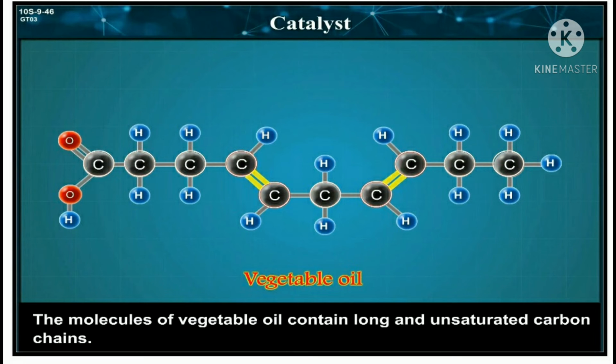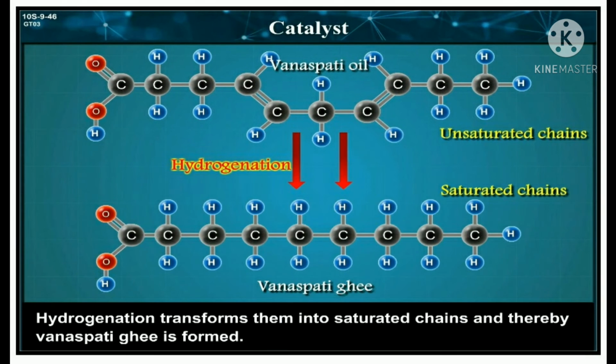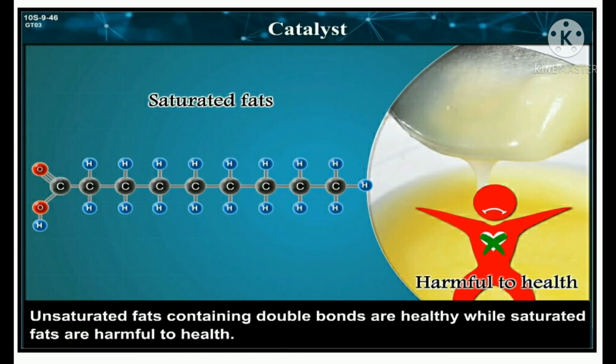The molecules of vegetable oil contain long and unsaturated carbon chains. Hydrogenation transforms them into saturated chains and thereby vanaspati ghee is formed. Unsaturated fats containing double bonds are healthy, while saturated fats are harmful to health.